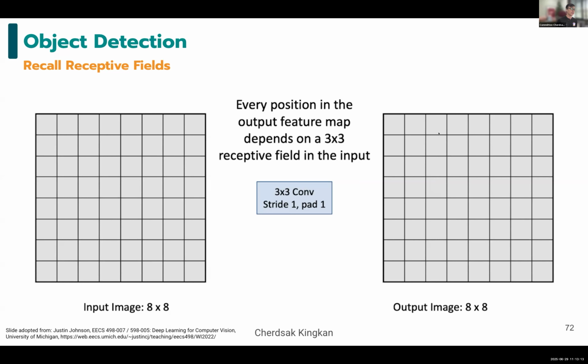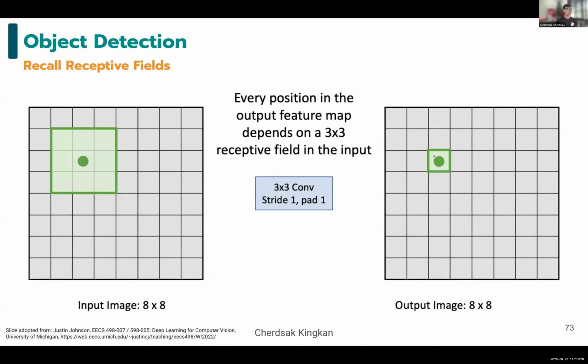Every position in the output feature map depends on a 3x3 receptive field, because we are using 3x3 filters here. So if you look at this position, its receptive field in the output depends on this 3x3 receptive field in the input, right?